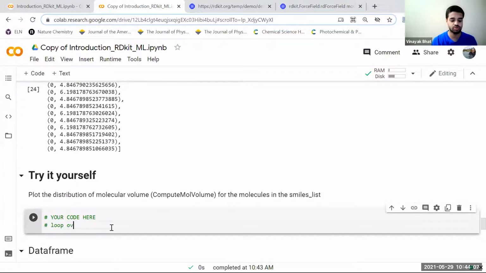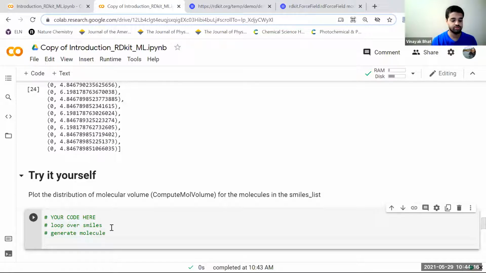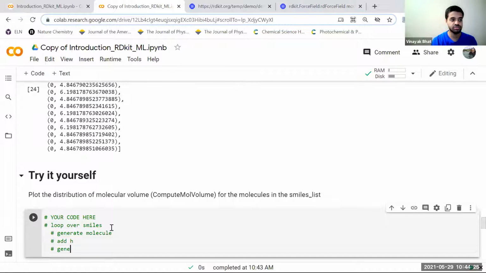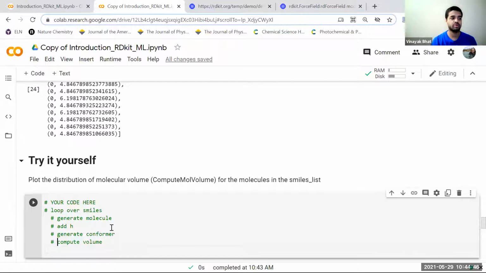So loop over smiles, and for each smiles, generate the molecule, and then add hydrogens. Generate the conformer. Once the conformer is generated, compute the volume, append it and save that value.